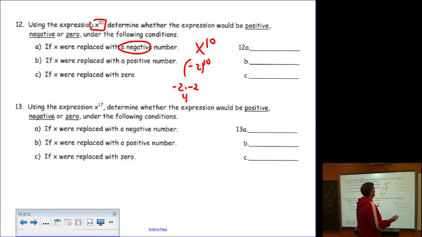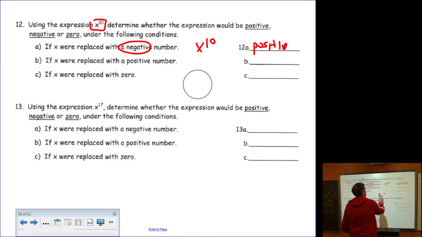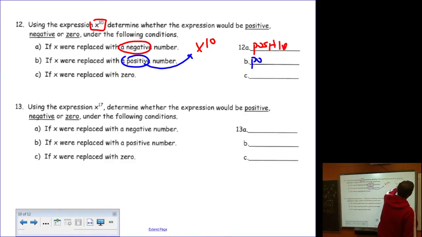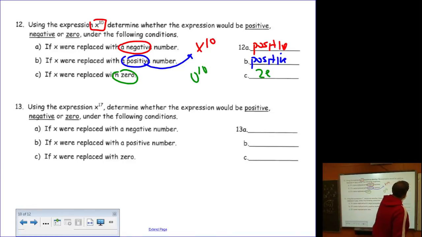An even number of negatives is actually a positive. When you replace x with a positive, positive numbers are always positive. And when you replace x with 0, 0 to the 10th power would be 0.